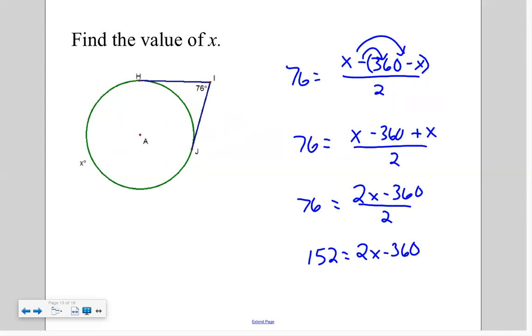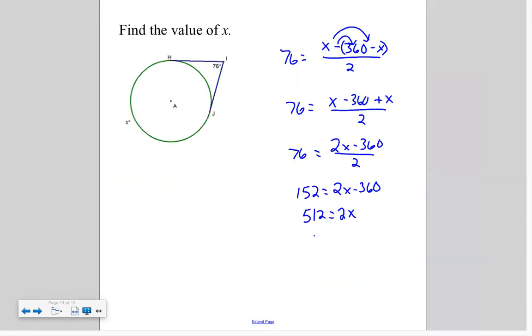If I add 360 to both sides, I get 512. If I divide both sides by 2, x equals 256. So that arc's 256. Again, if I want to figure out the minor arc, I do 360 minus 256. And I believe I get 104.